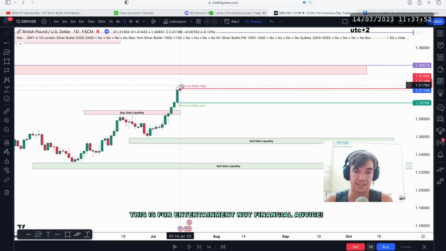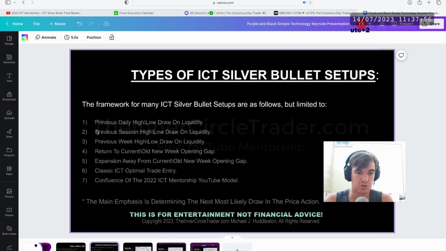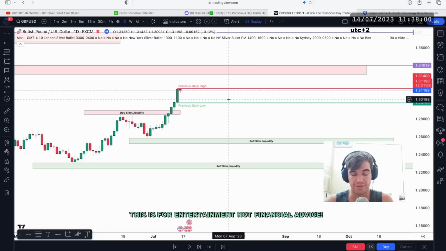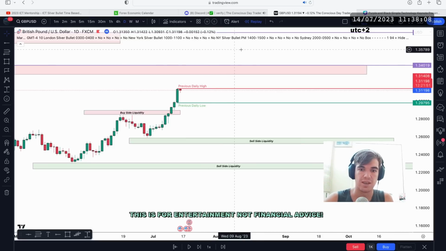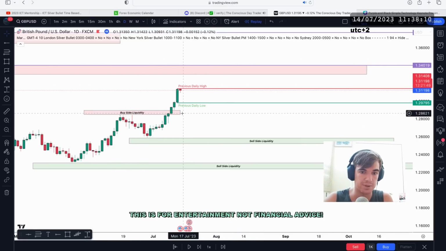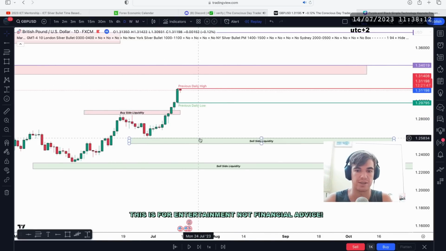Or if we think that it's going to push into this liquidity, like he says, a draw into the previous daily high and low on liquidity, we're going to have to go down the timeframes to do that, because this is on a daily. But it helps to start thinking about what liquidity is from a daily level. If you can start identifying these liquidity areas, everything becomes very simple.